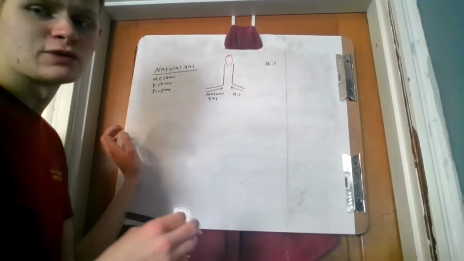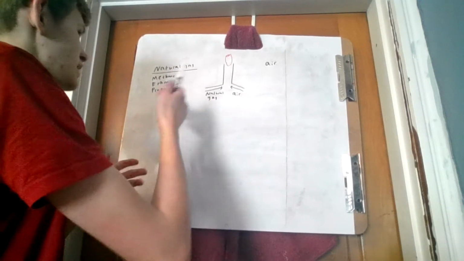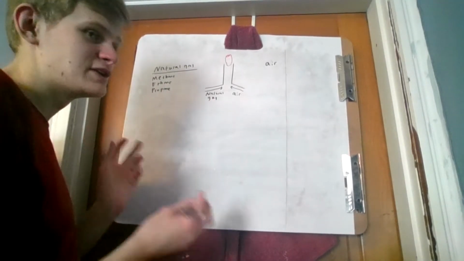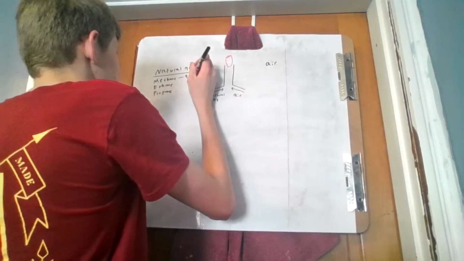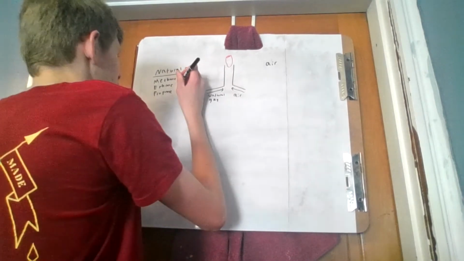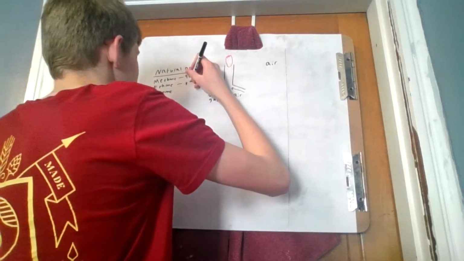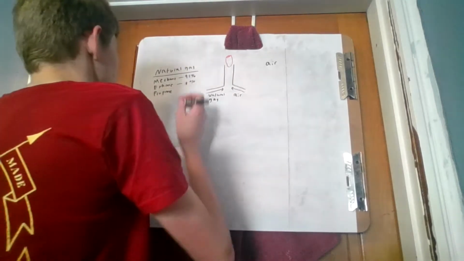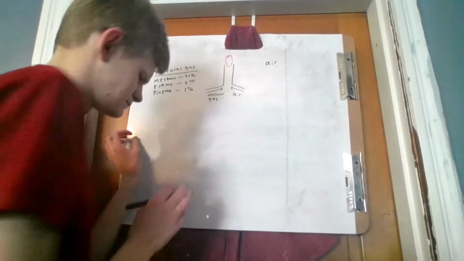Our methane is going to be the majority: 95% of all the natural gas being reacted is going to be methane. We have 4% ethane, and then we have 1% propane.